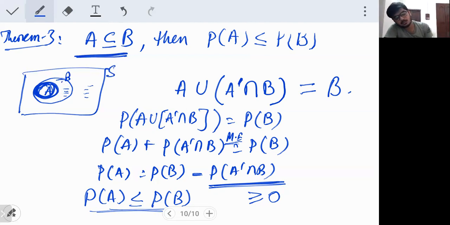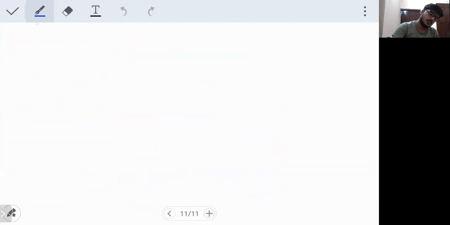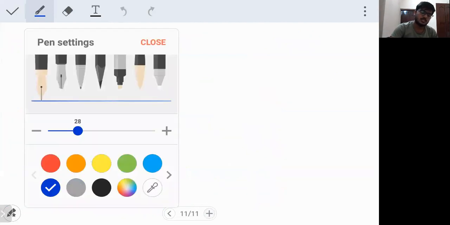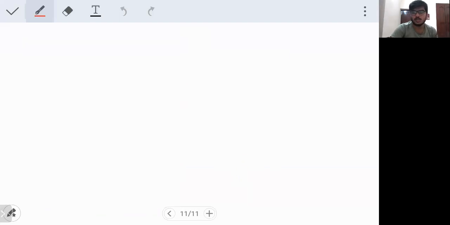Is it okay? Now what we have to define? We must be clear on this theorem now. So if someone has any problem with this theorem, please go through the book Introduction to Probability and Statistics by P.K. Rohatgi.